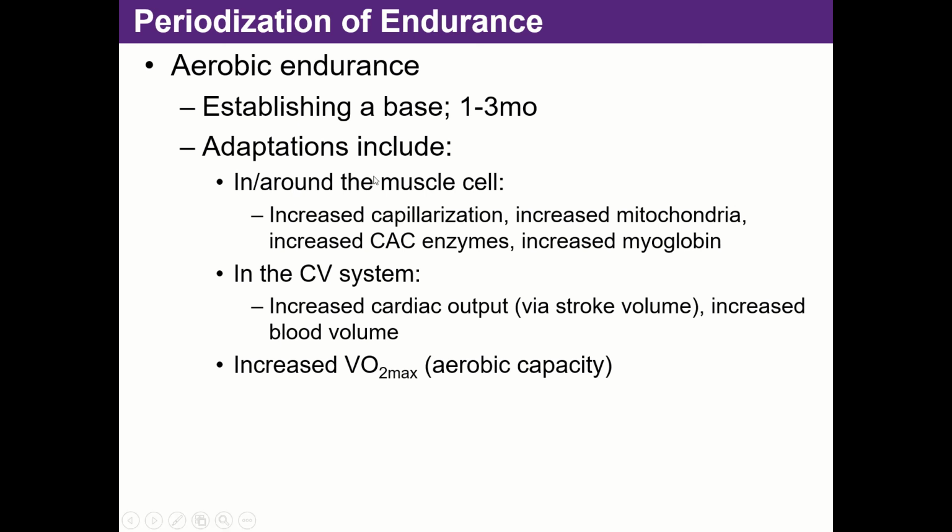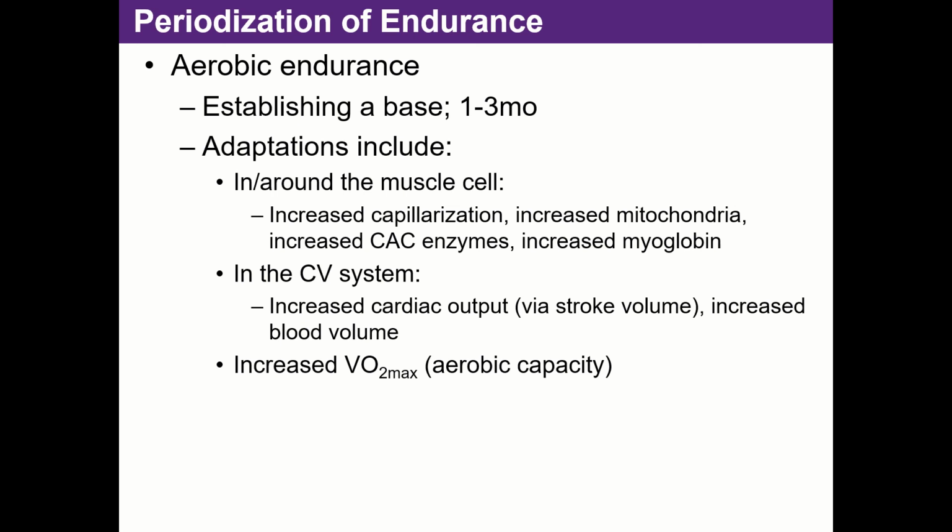What you're going to see, the adaptations to endurance training, include increased capillarization, which means more capillaries around individual muscle cells, so more capillaries around your type 1 fibers and your 2As. More mitochondria, so increased number and volume of mitochondria inside those same fibers. Increased citric acid cycle enzymes. The citric acid cycle is inside the mitochondria.